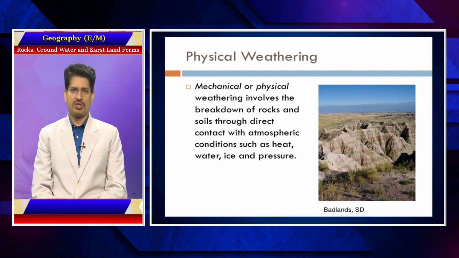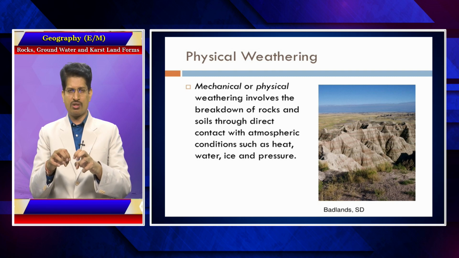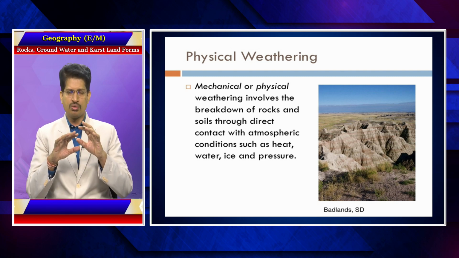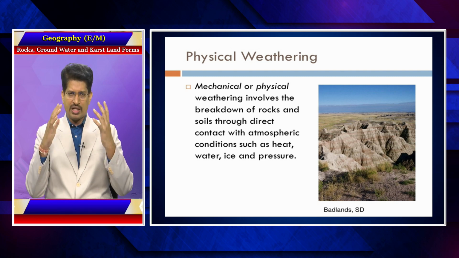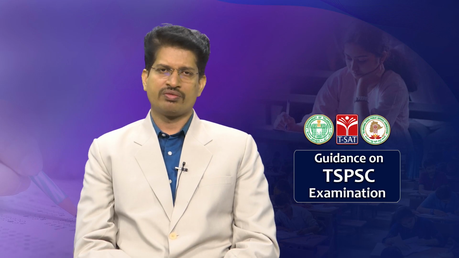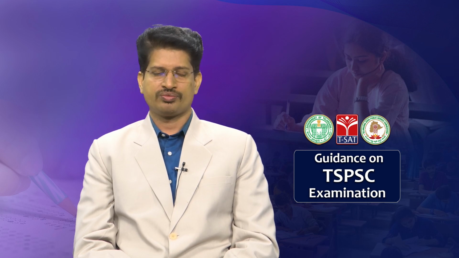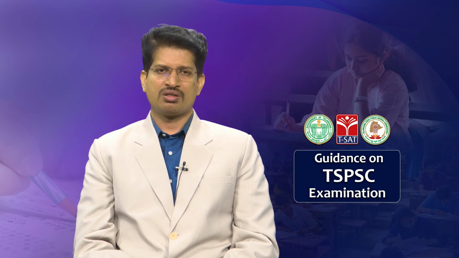The outermost layer, which has expanded, and the inner layer, which has not, leads to the removal of the outermost layers. This phenomenon of removal of the outermost layer because of variation in temperature is known as exfoliation, leading to rocks acquiring round-shaped structures.